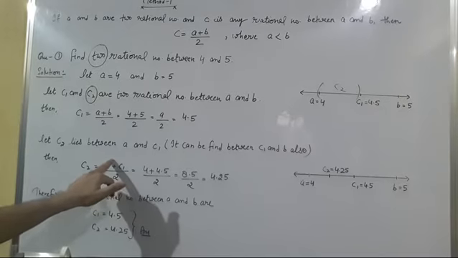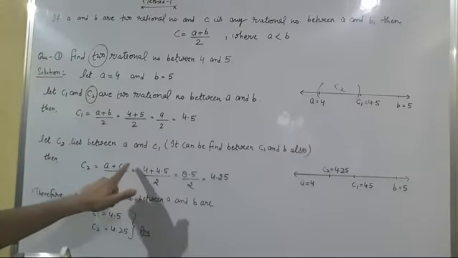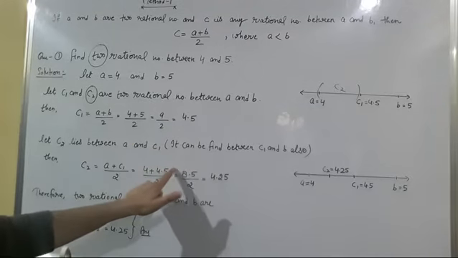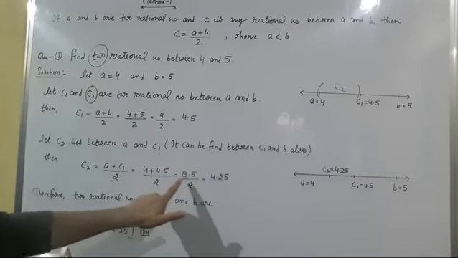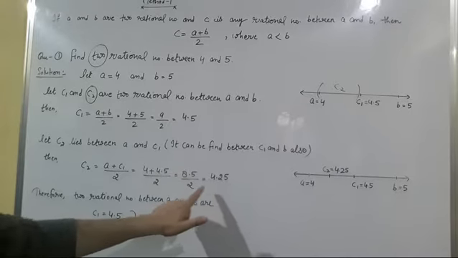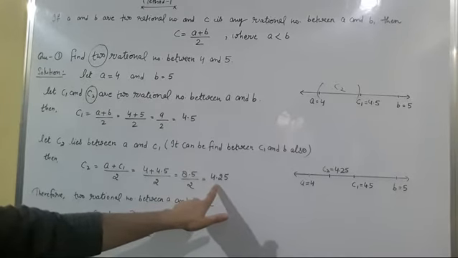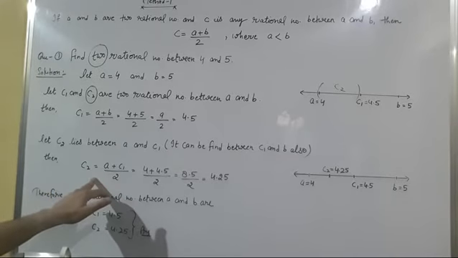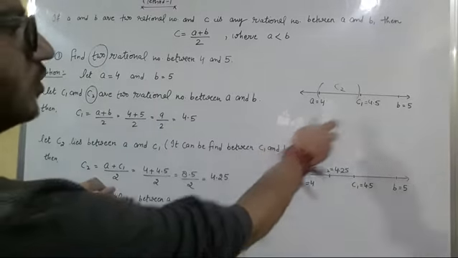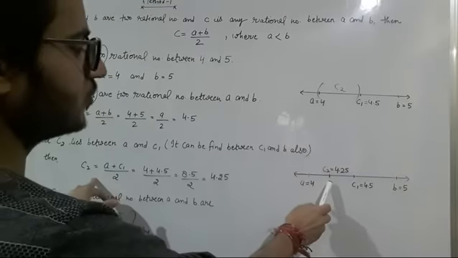The value of a is 4 and the value of c1 is 4.5. So 4 plus 4.5 divided by 2 equals 8.5 by 2. It is equal to 4.25. Therefore the required second rational number between 4 and 5 is 4.25.